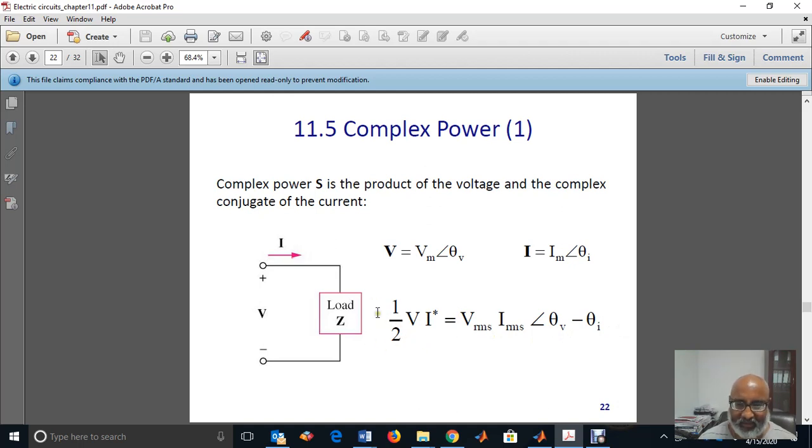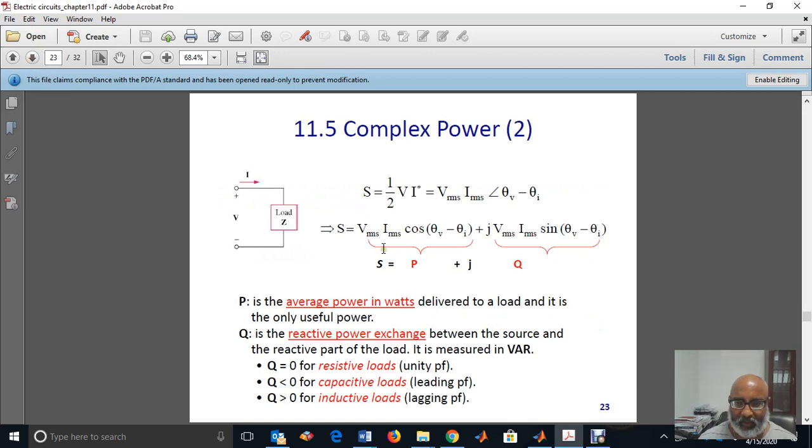If you remember, the real part of this complex power will give me the real consumed power. So here is again the formula, 1/2 V I conjugate, Vrms Irms, and if I expand it, it will be Vrms Irms cosine of theta V minus theta I, plus j Irms Vrms sine of this.